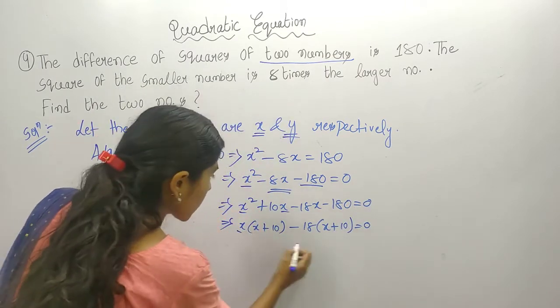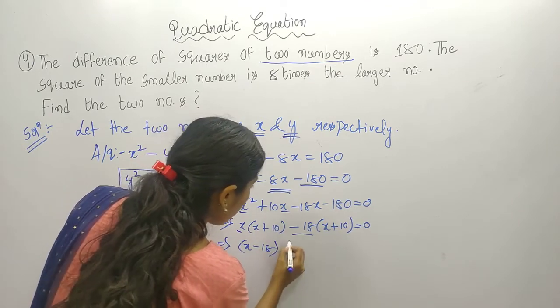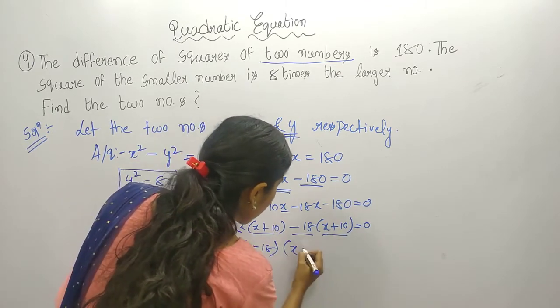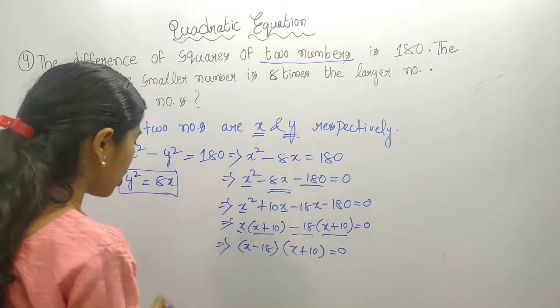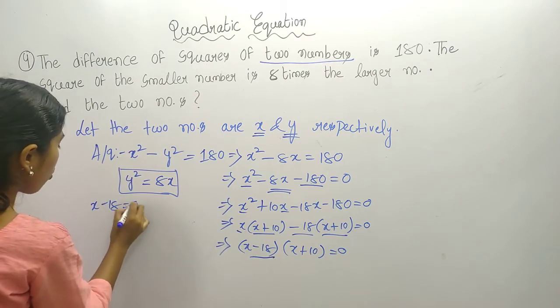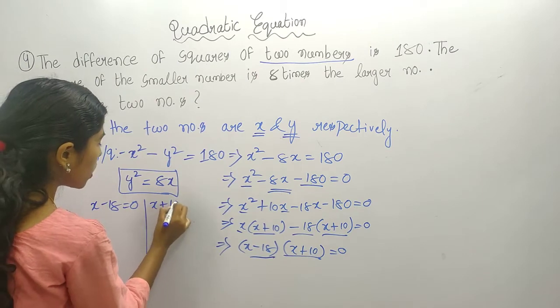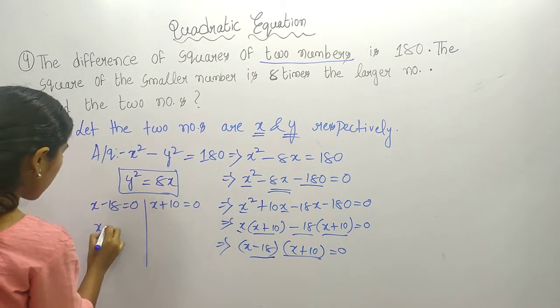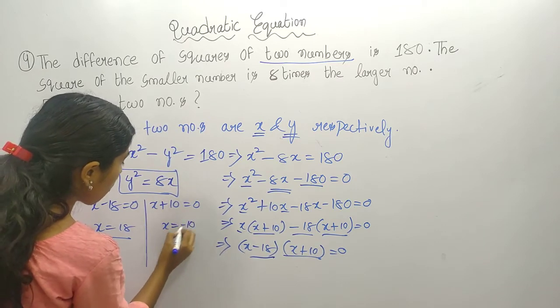So here x minus 18 into x plus 10 equals 0. One is x minus 18 equals 0, another is x plus 10 equals 0. So here x equals 18, and here x equals minus 10.